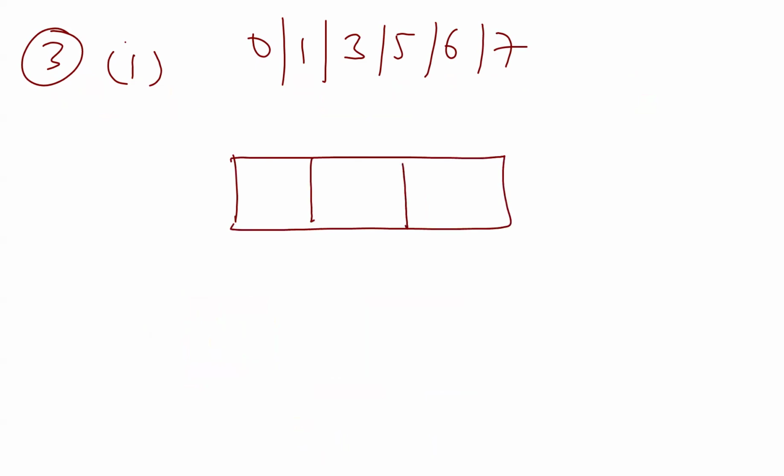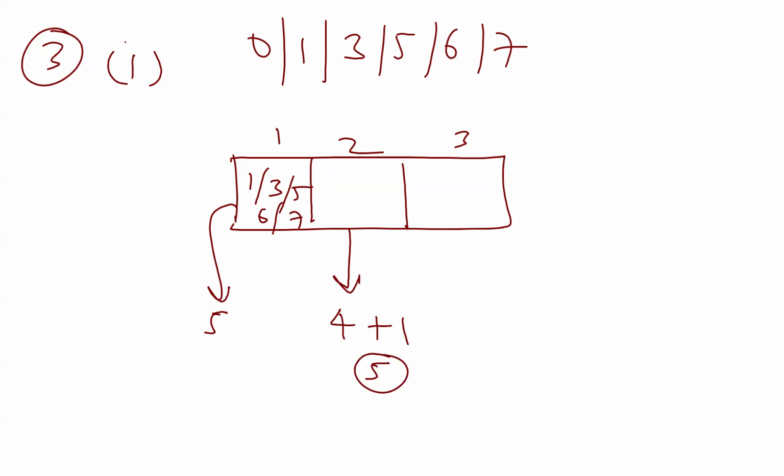So first, repetition is not allowed. 1, 3, 5, 6, 7, 5 ways. Since repetition is not allowed, this will be 4 ways plus 1 because now 0 can be included. So this will be 5 ways and this will be 4 ways. So 5 into 5 into 4, that is 100.